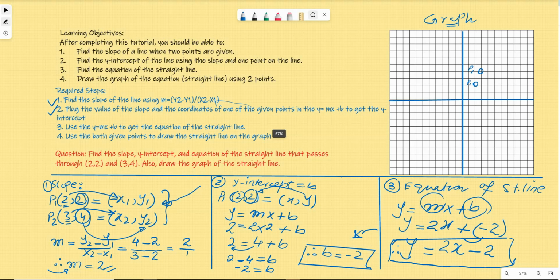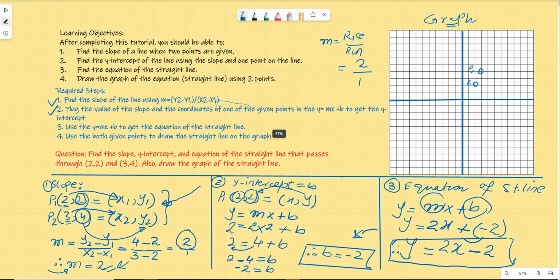You can draw the third point by using the slope, and our slope is 2. Since we know m is rise over run, our rise is 2 and run is 1.